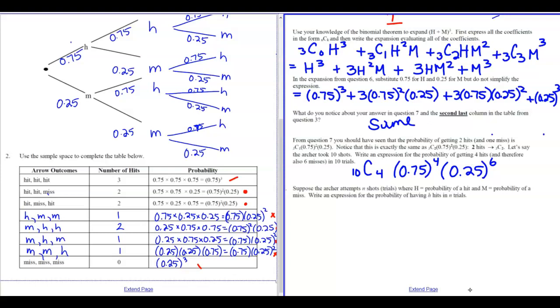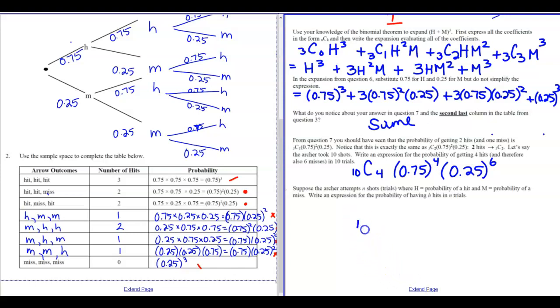Okay, so suppose the archer attempts N shots or trials, where capital H is the probability of hit, capital M probability of a miss. Write an expression for the probability of having lowercase h hits in N trials. So this is your general binomial probability distribution formula.